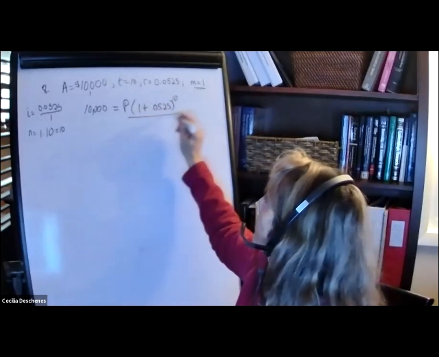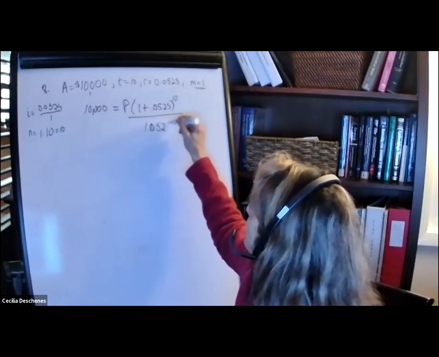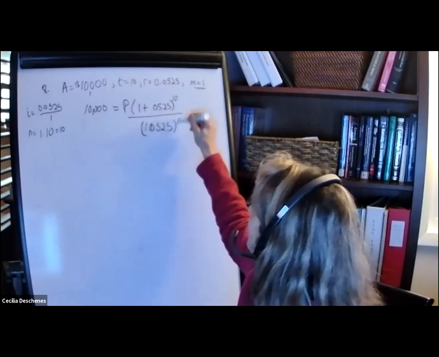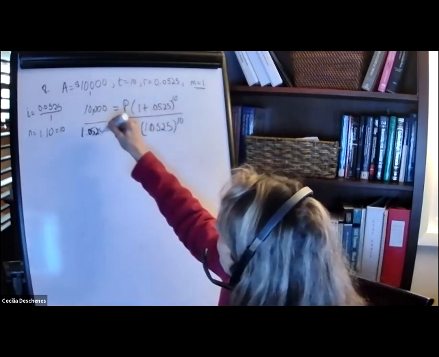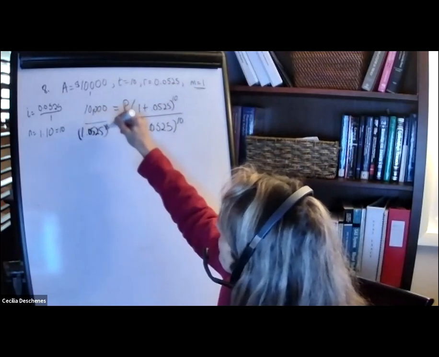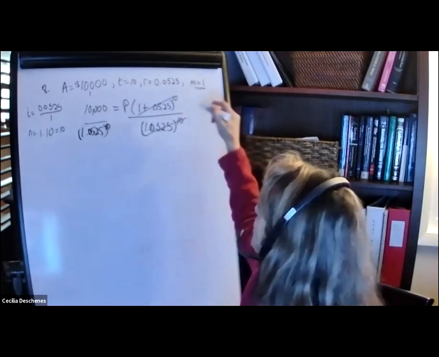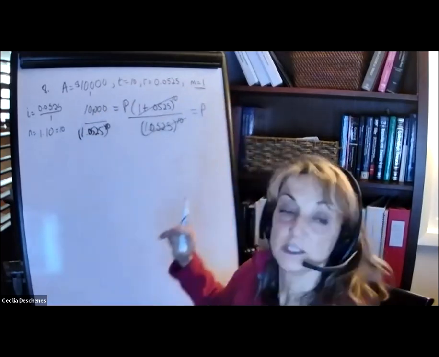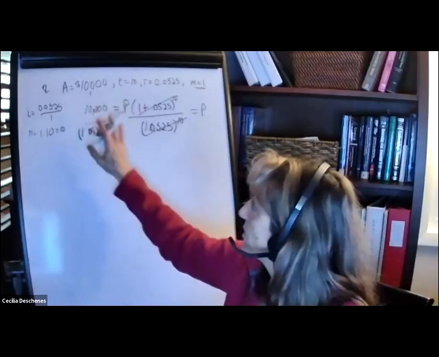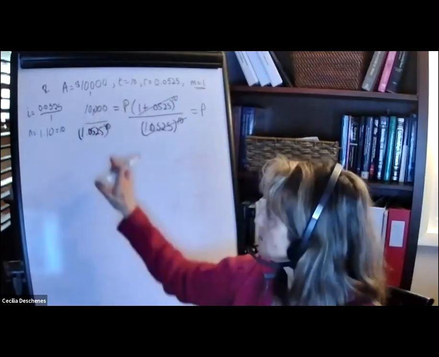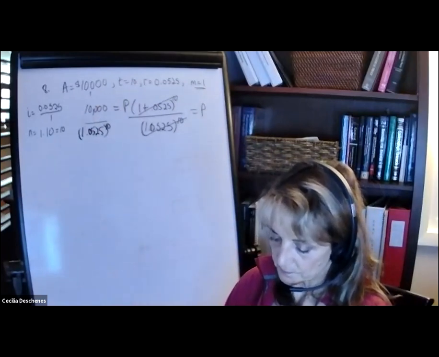So let's just go ahead and write this as 1.0525 to the 10th. So we're gonna do that on both sides. All right, so this is gonna be canceled out on the right, and we're just gonna have that initial amount. So let's go ahead and do the math on the left. We're going to take 10,000, we're going to divide by this number.